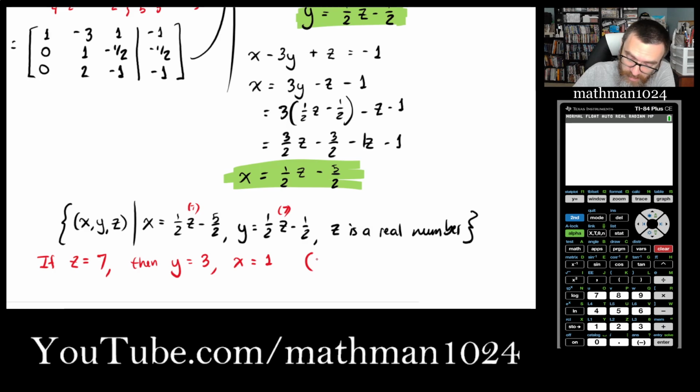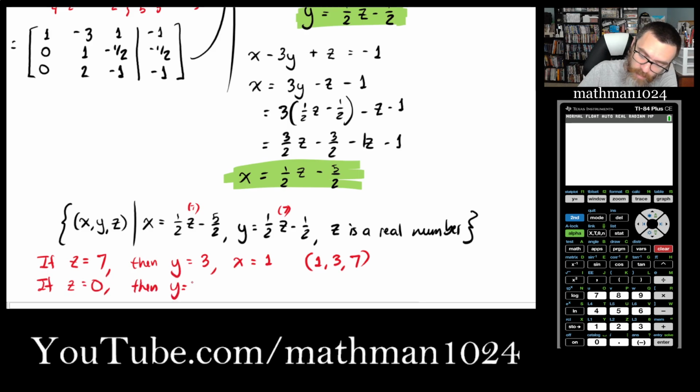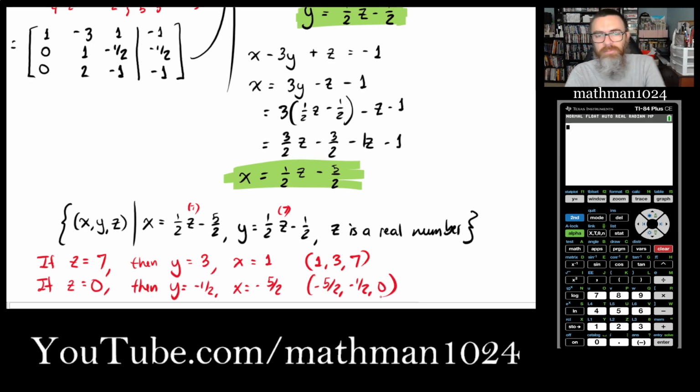So one possible solution would be 1, 3, 7. And again, you can pick any number for z and find a solution. So if z were to equal 0, then y would equal negative 1/2, and x would equal negative 5/2, giving you the ordered triplet negative 5/2, negative 1/2, 0. So these are two possible solutions to that system because there are an infinite number of solutions.